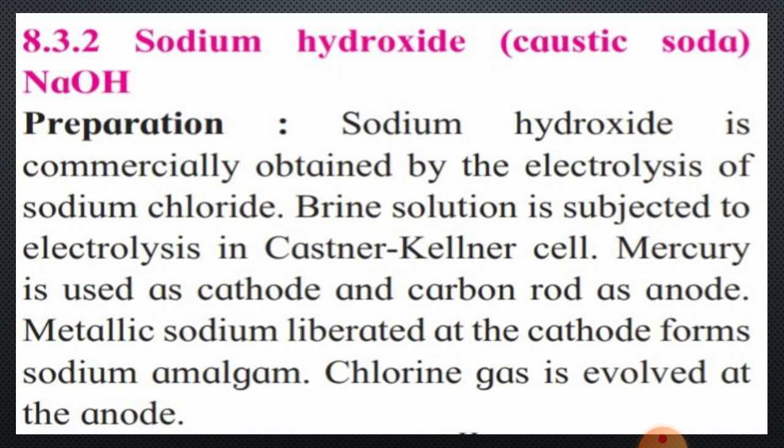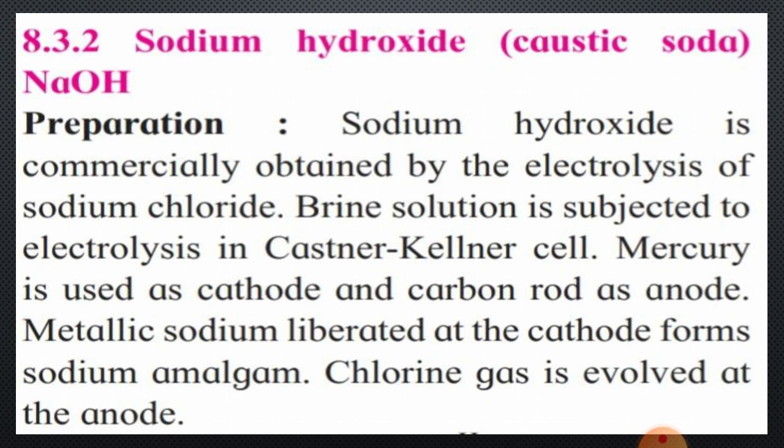Sodium hydroxide is commercially obtained by the electrolysis of sodium chloride. What do you mean by electrolysis? In the presence of electricity, sodium chloride will break down into sodium and chloride.